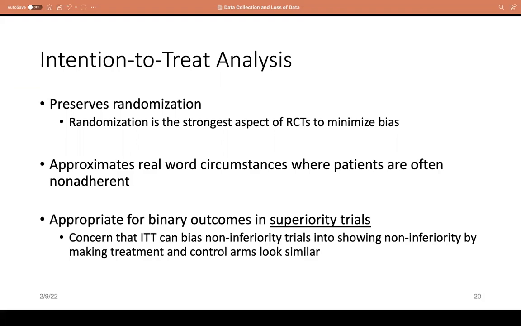The reason I'm telling you this is because in non-inferiority studies, where you're basically just trying to show that your experimental therapy is not worse than the current therapy, intention to treat can sometimes bias non-inferiority trials into showing non-inferiority, because it can make the treatment and control arms look more similar. So just remember that intention to treat is most appropriate for superiority trials.